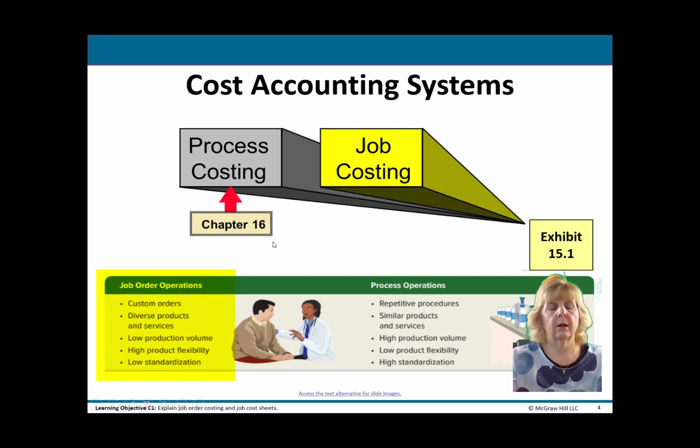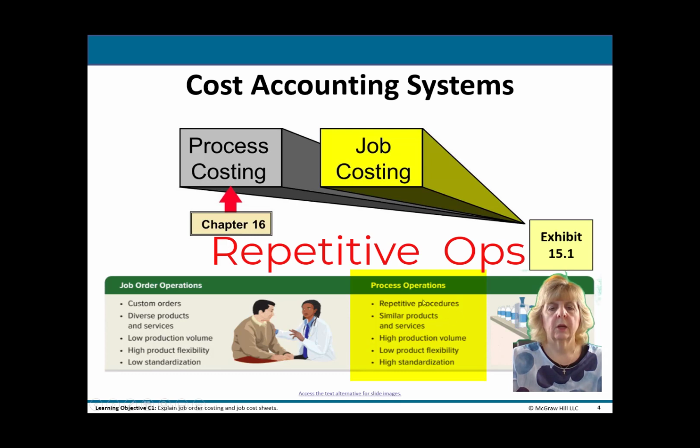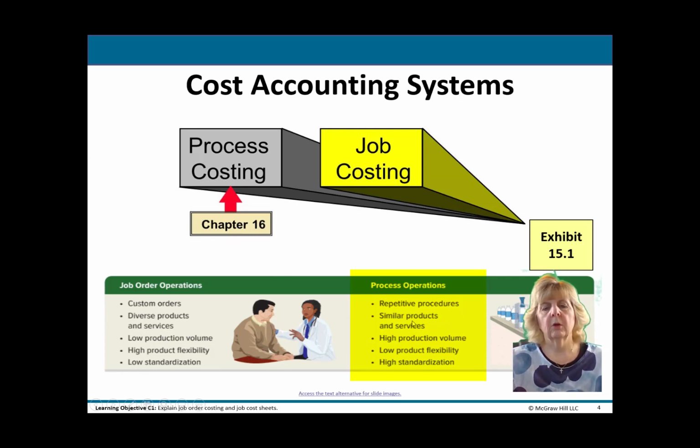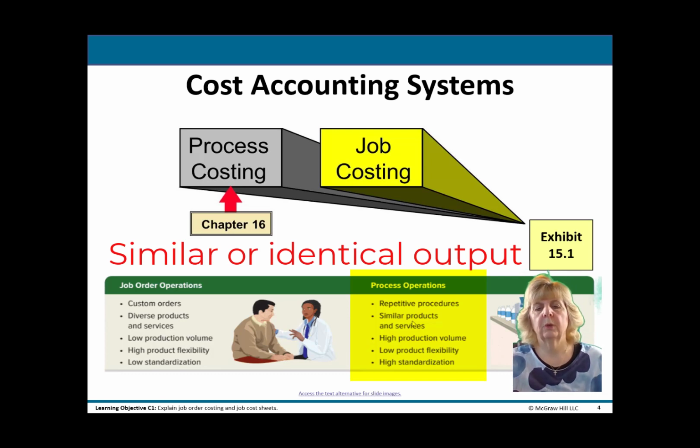Process costing, on the other hand, is covered in chapter 16 and involves repetitive procedures where the end units look similar, if not identical, to each other. So a process costing operation might be the Shell oil that you see off the 405 freeway.